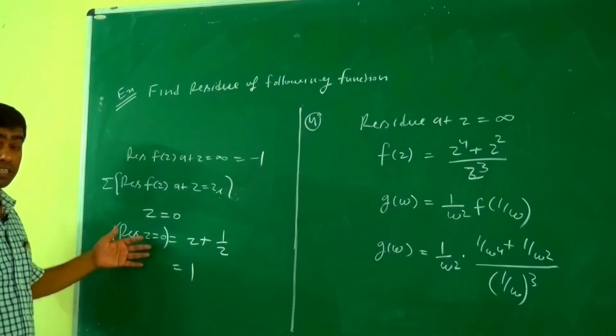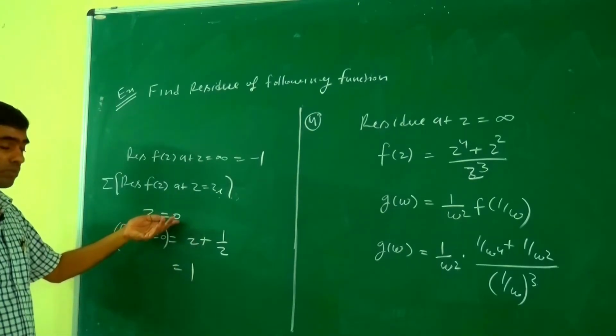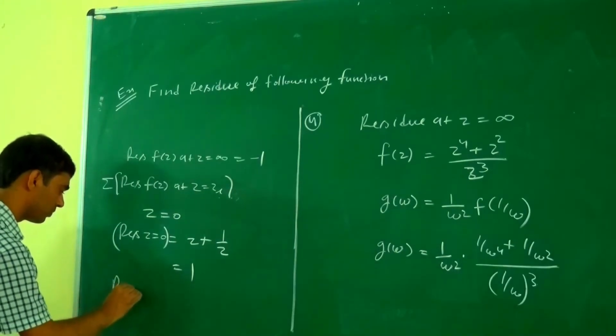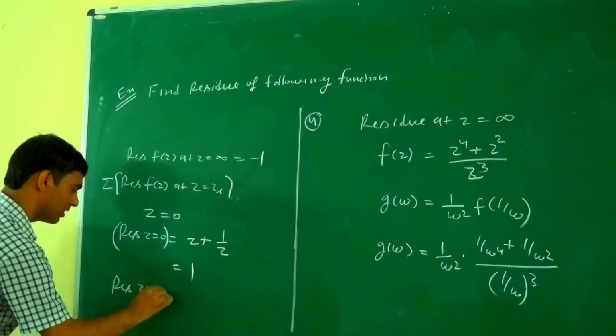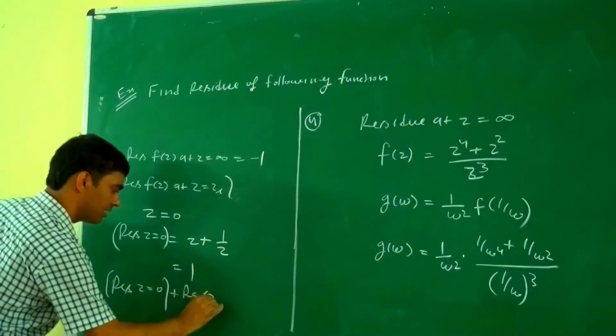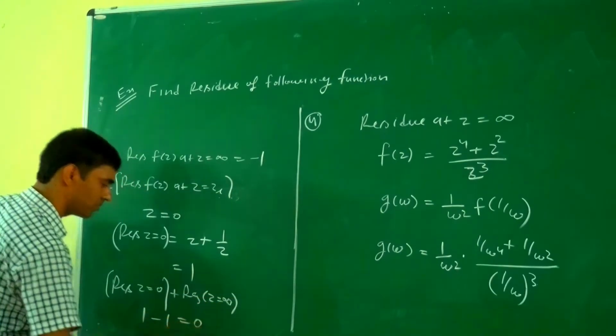The sum of the residues at all other singular points is 1, since there is only one singular point. So residue at Z equals 0 plus residue at Z equal infinity becomes 1 minus 1, which is 0.